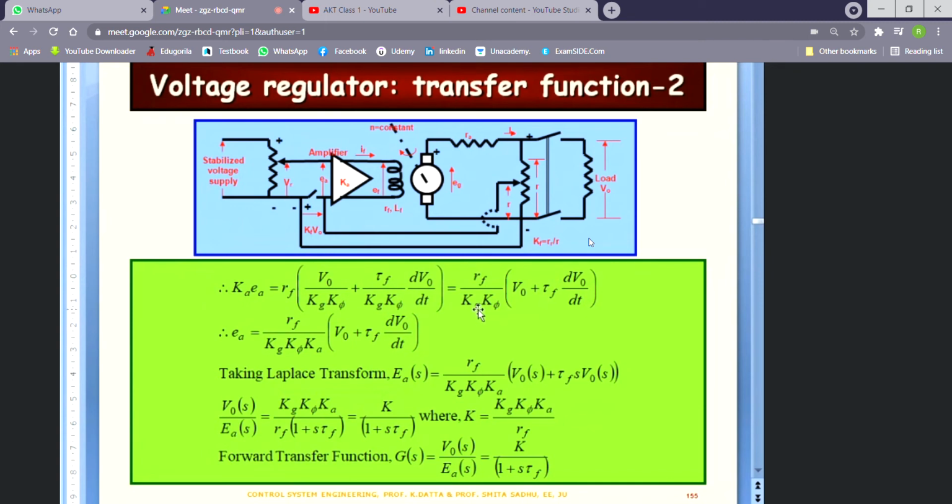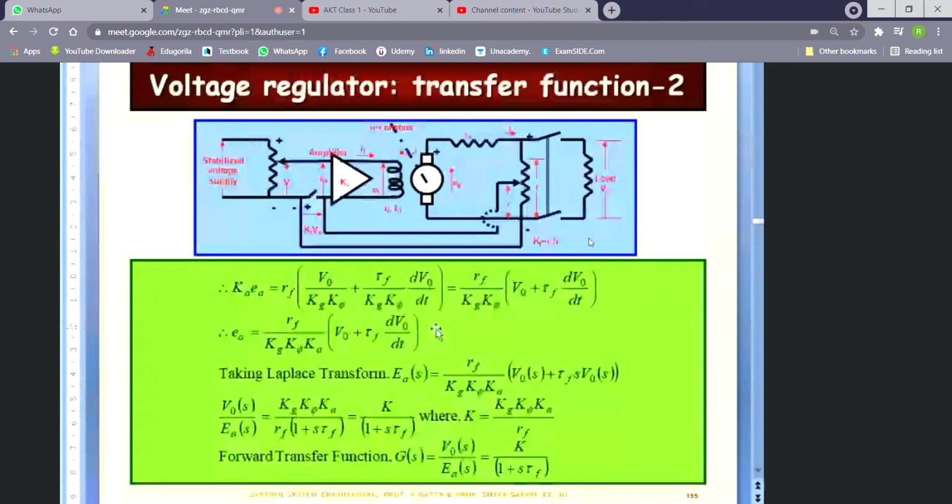So now from here we have ka ea is equal to this. So ea is equal to this right hand side expression by ka. So that is what has been written over here. So we get an expression for ea in terms of vo, that is the output voltage.